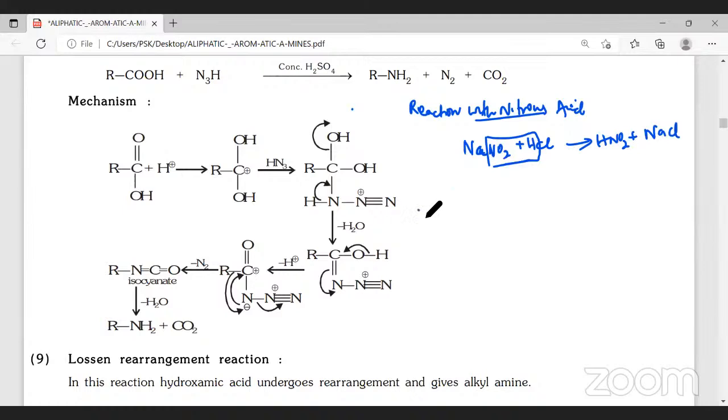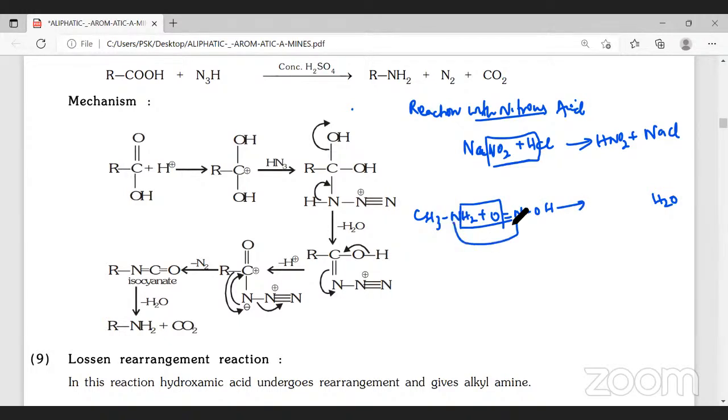So when a primary amine, for an example, if I take methylamine, is allowed to react with nitrous acid, HNO2. This HNO2, I will write like this, O double bond N OH. So what happens is H2O gets eliminated.